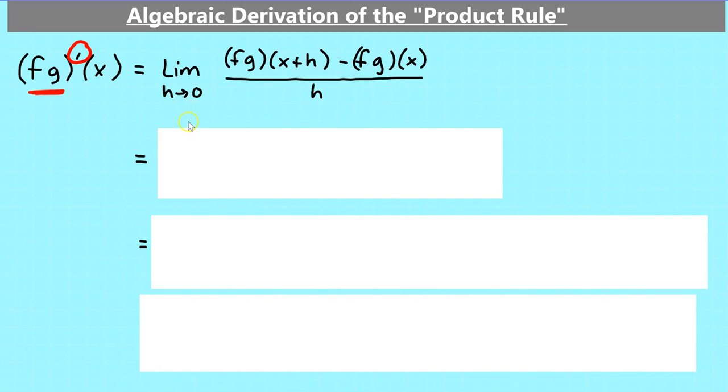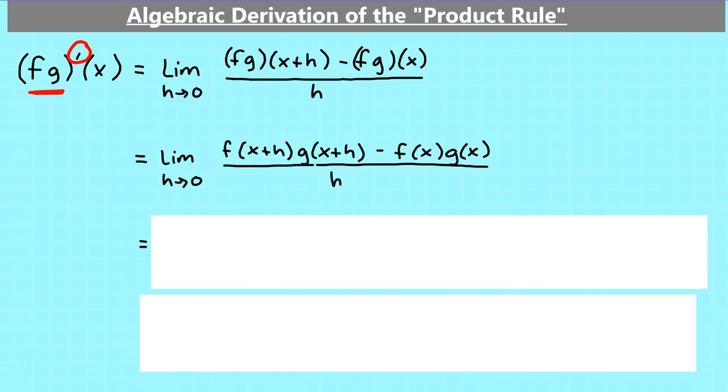So that's one of our two limit definitions. And when you see f times g of x plus h, it just means f of x plus h times g of x plus h. And when you see f times g of x, it just means f of x times g of x.